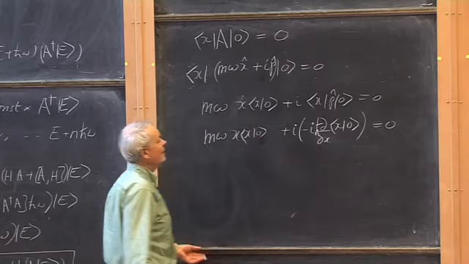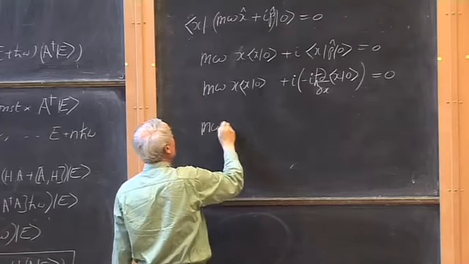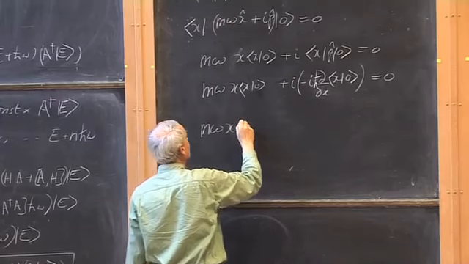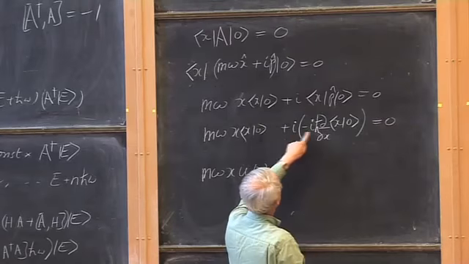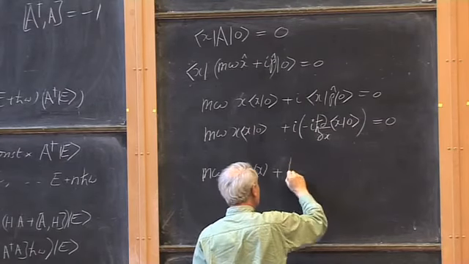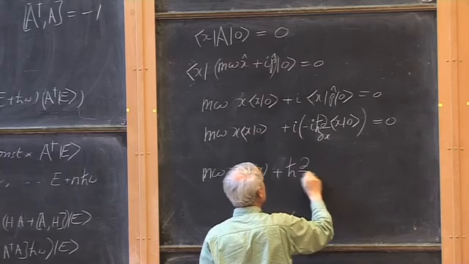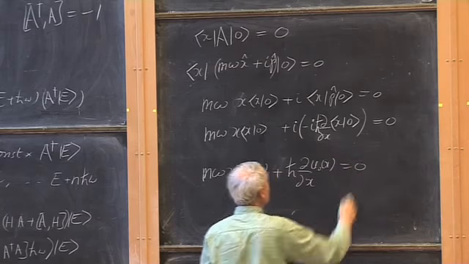If I rewrite that in wave function notation, it becomes m omega x u naught of x plus h bar d by dx of u naught of x equals naught. So what is this?